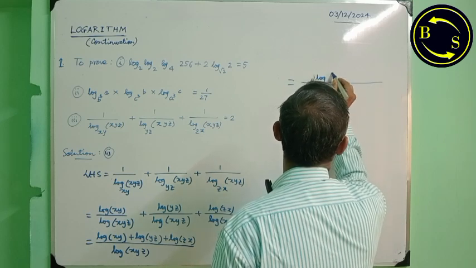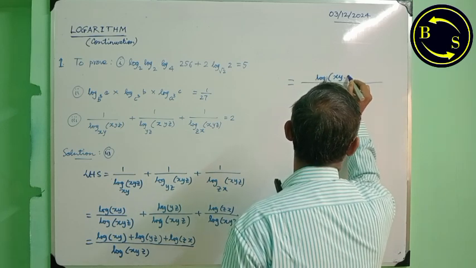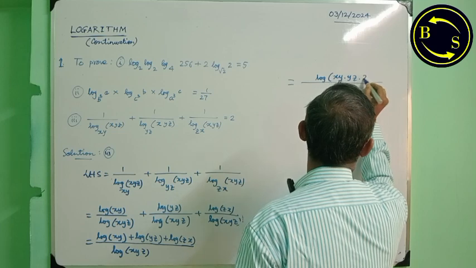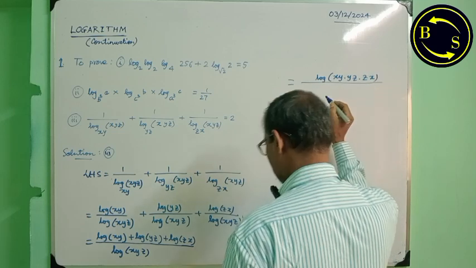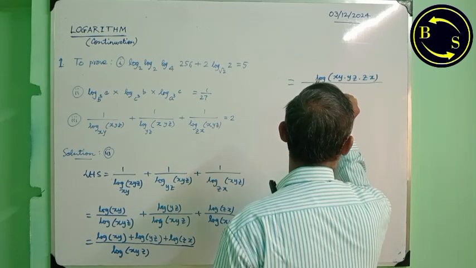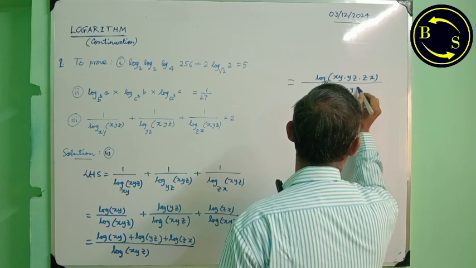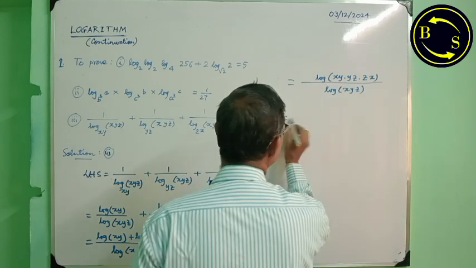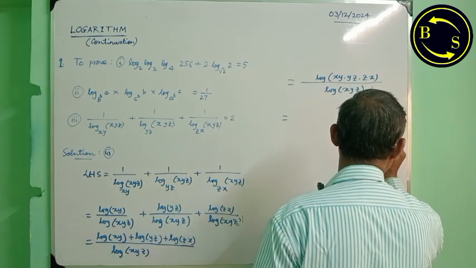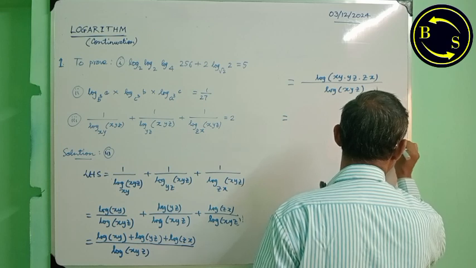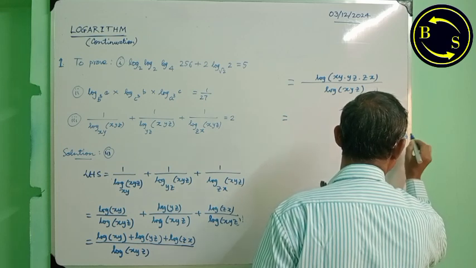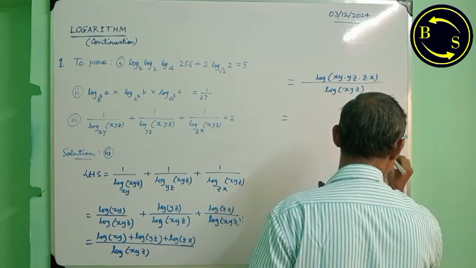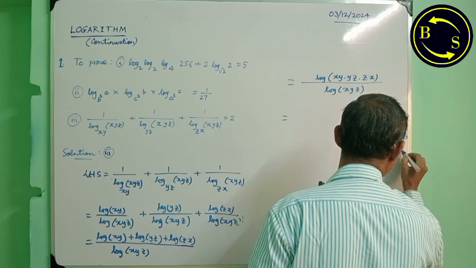Log of xy times yz times zx, by log of xyz. We have applied here log a plus log b equals log ab.